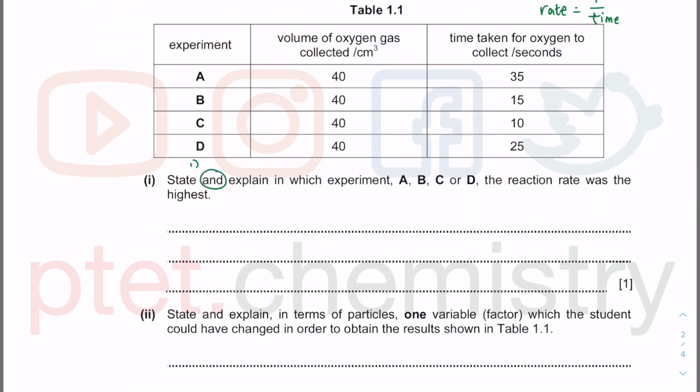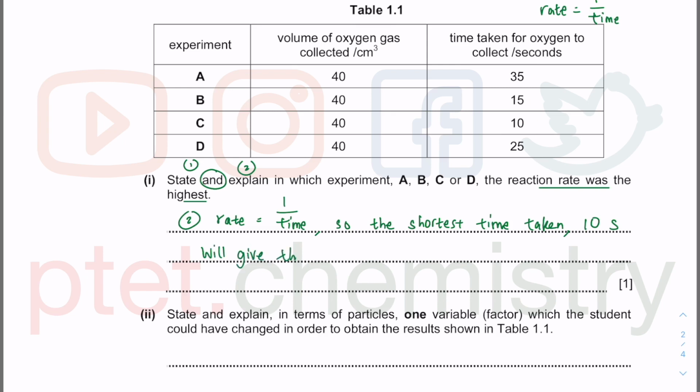State and explain. There are 2 bits to this question: in which experiment was the reaction rate the highest? I'm going to explain first, so I'm going to do part 2 first. Rate is equal to 1/time. The shortest time taken, which is 10 seconds, is the shortest time out of all of these, and will give the fastest rate, because 1 divided by a smaller time gives a bigger value.